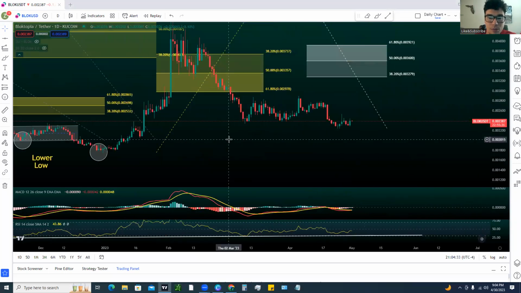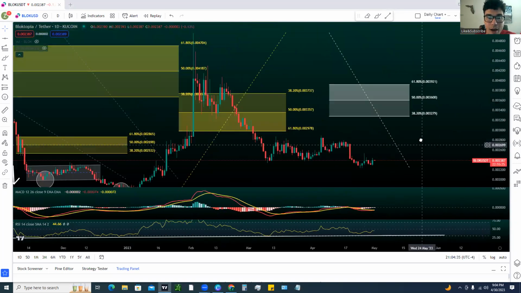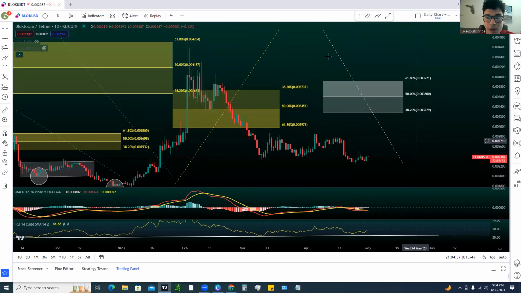So, what we're looking for now, if we do get a move up, we've had this really strong move down, right? So we have our new swing high up here connected down to our new swing low. And if we do get a retracement, this is all healthy retracement territory. And we need to consolidate and break through here and flip 0.003921 from resistance to support to really continue going higher.